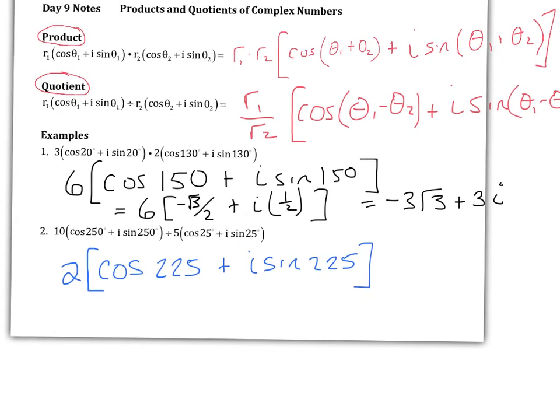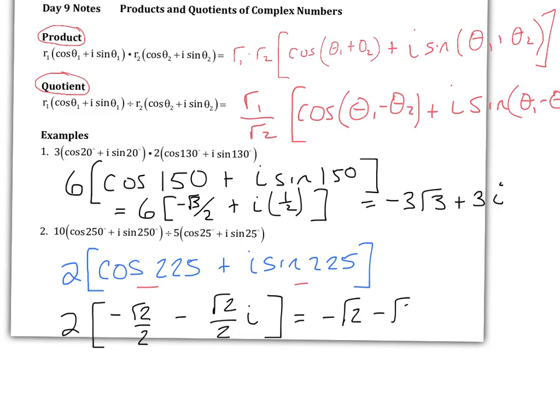You are in the third quadrant, so cosine and sine are negative. You know it's root 2 over 2, of course. So it would be 2 multiplied by negative root 2 over 2 minus root 2 over 2 i, or negative root 2 minus root 2 i.